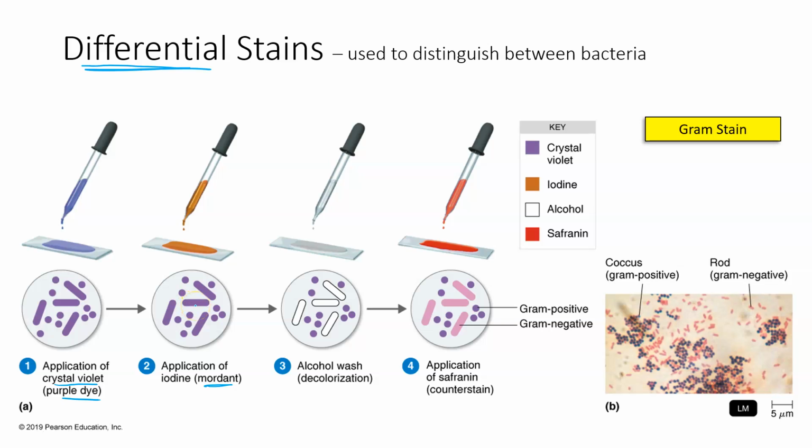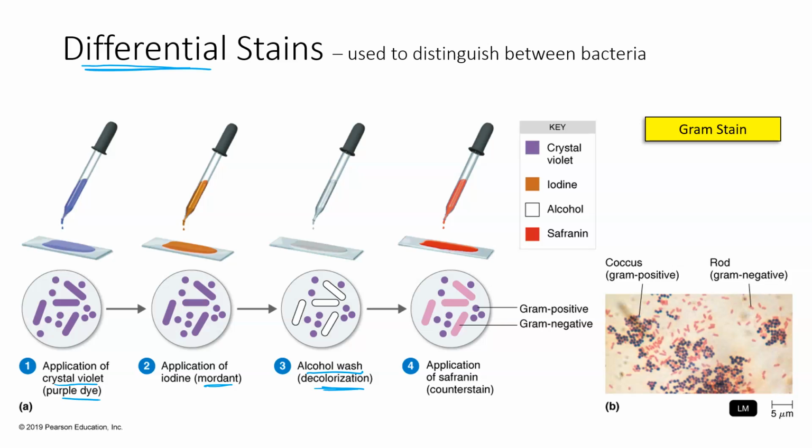And so when we go to step 3, which is the alcohol wash, we put basically ethanol onto our slide, and ethanol decolorizes our cells that the stain wasn't made permanent by the mordant.